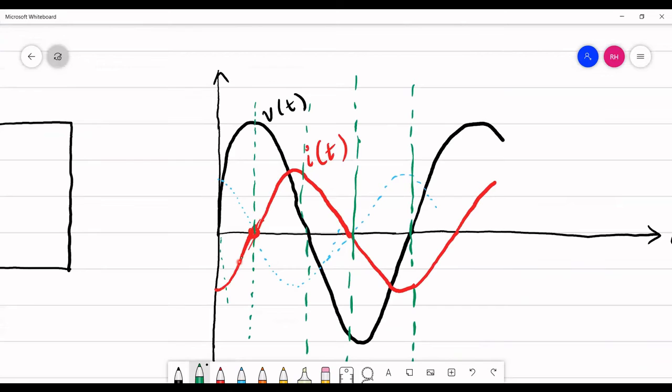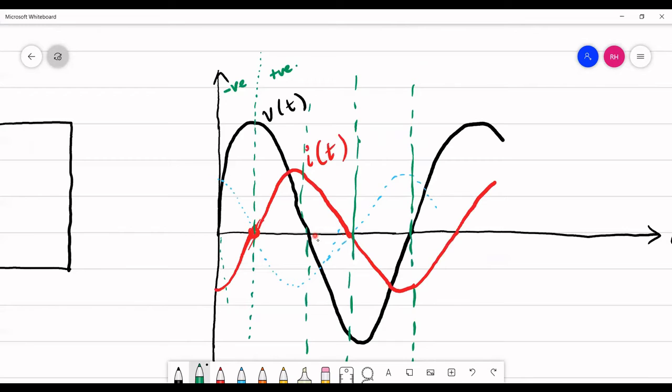In this portion, current is negative, whereas voltage is positive. So the product is going to be negative. In the next portion, voltage is positive and current is also positive, so here you have a positive value.